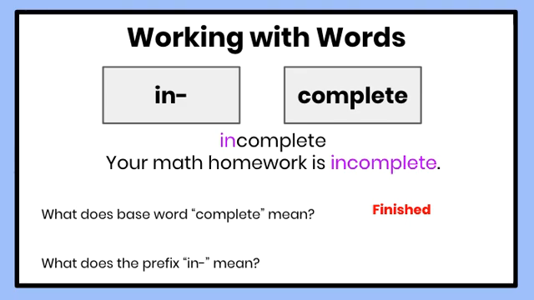However, the prefix in means not. So our prefix is changing the meaning of our base word. It changes it from finished to not finished. Let's learn more about how to use these prefixes to change the meaning of a base word.